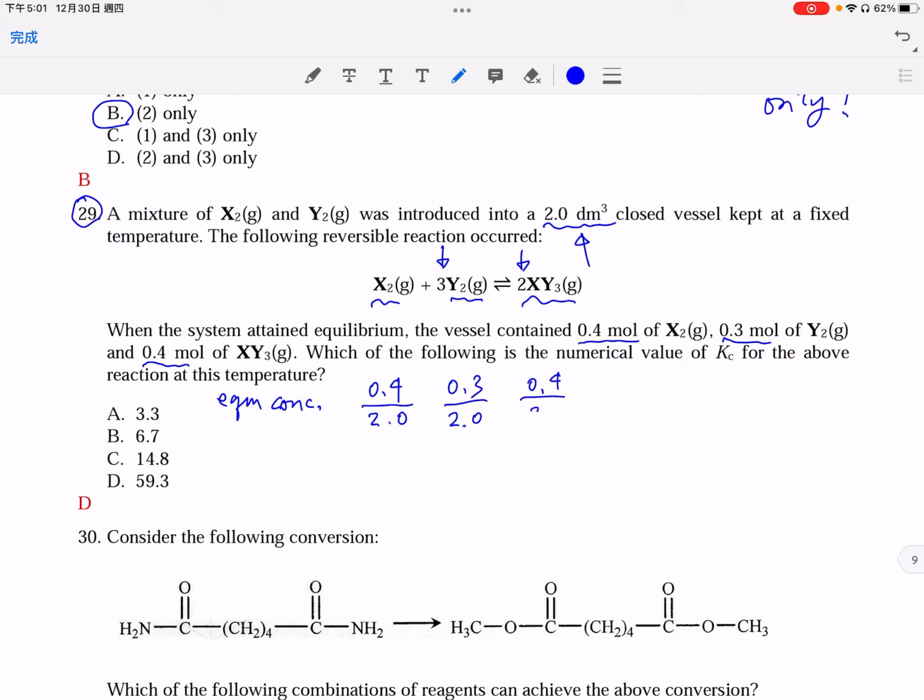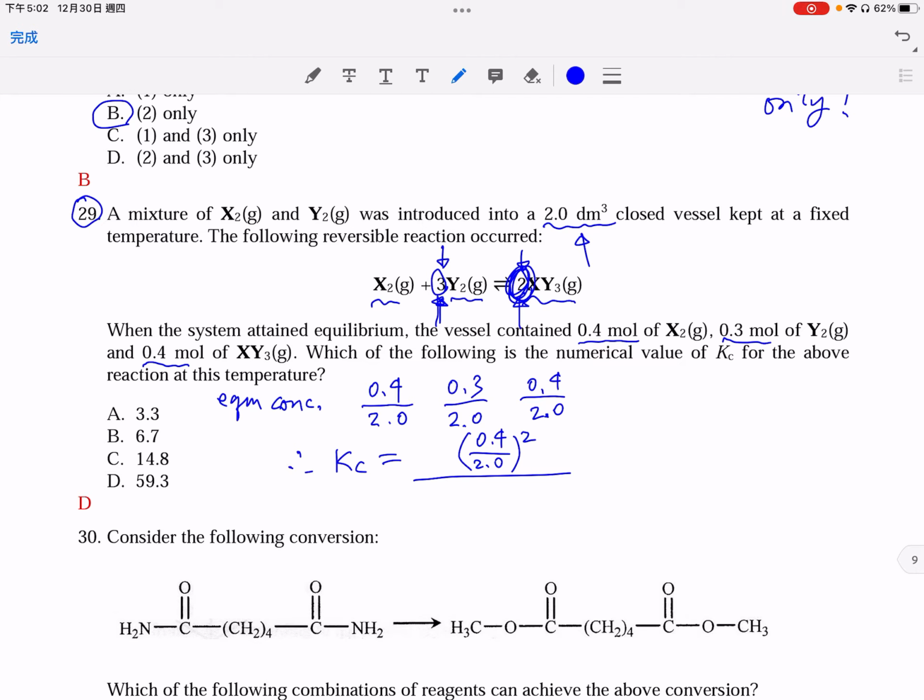The same method. Therefore, the Kc expression, be careful. When you are to write the Kc expression, you have to refer to the stoichiometric coefficients of the reactants and products. So, product first, as there are 2 moles of products, therefore you have to put it like this.